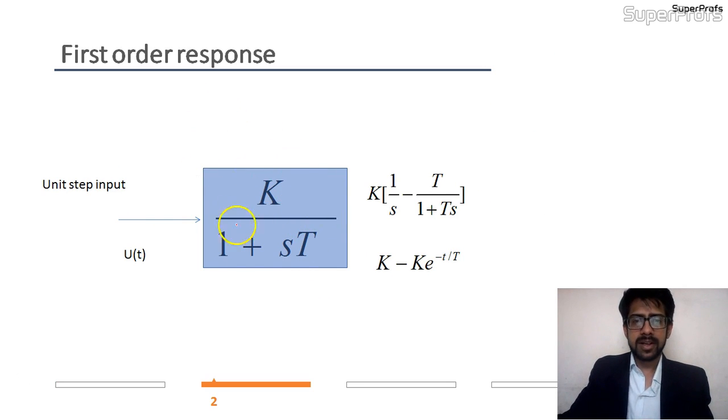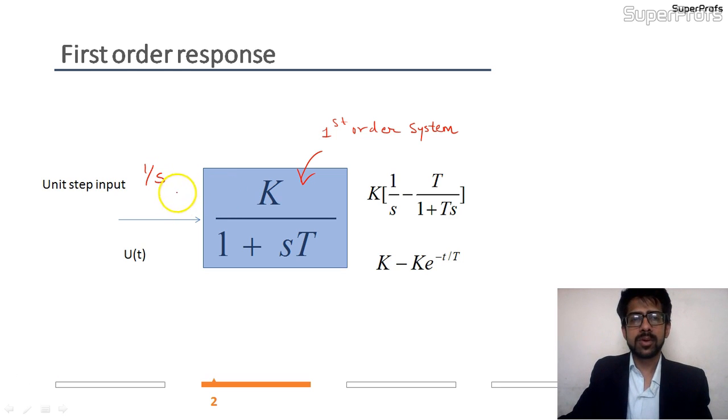Now in this particular system, you can see there is a first order Laplace transform. So this is a first order system. Okay. Now you have step input u of t, whose Laplace transform is nothing but 1 upon s.